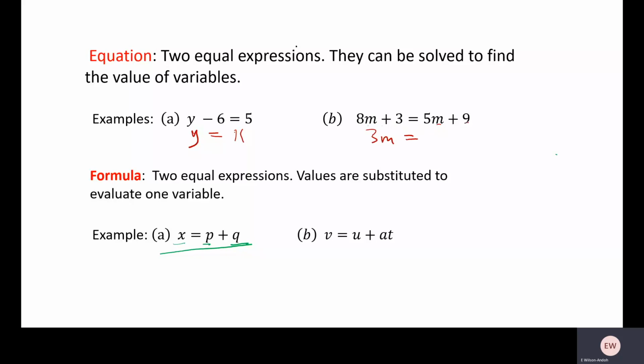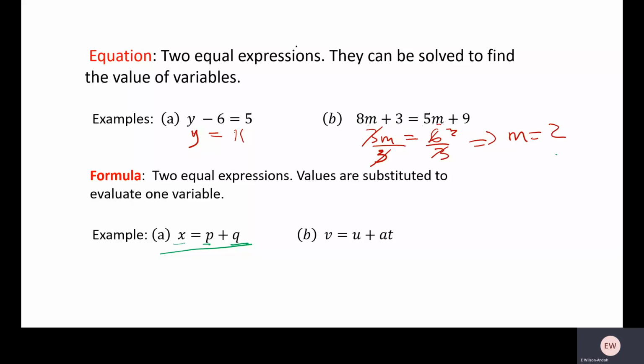So we will have that to be 9 minus 3, which is 6. And then we divide both sides by 3 to get m equals 2. Now, when we do solving equations, you will understand this.